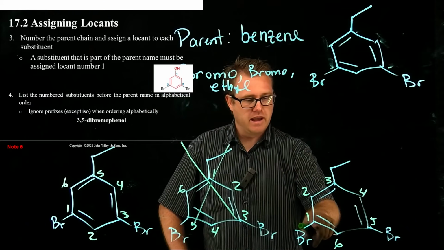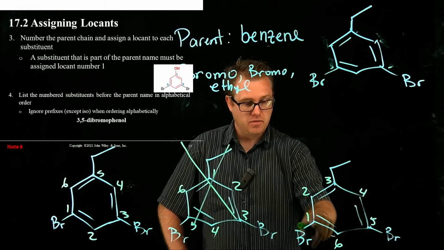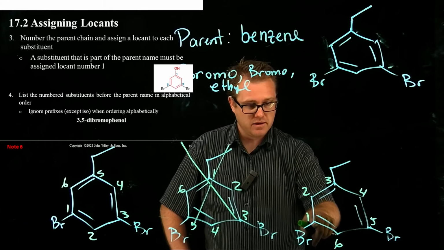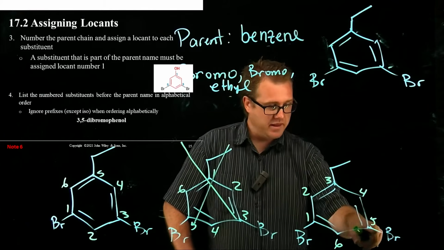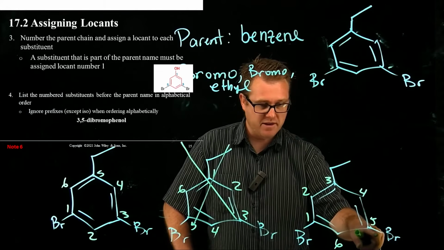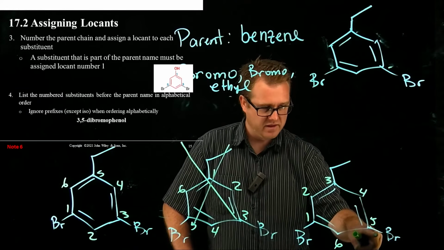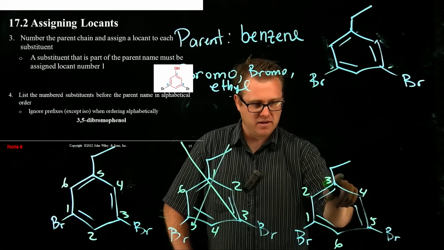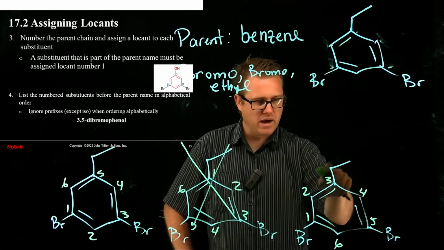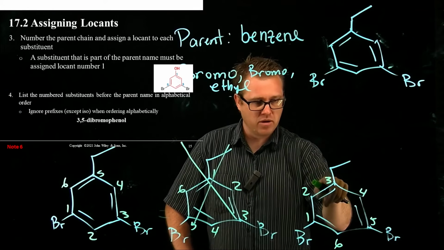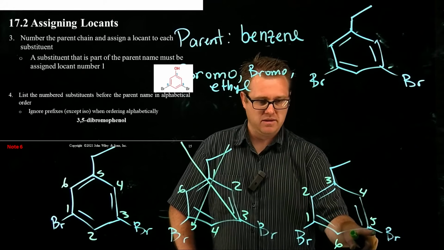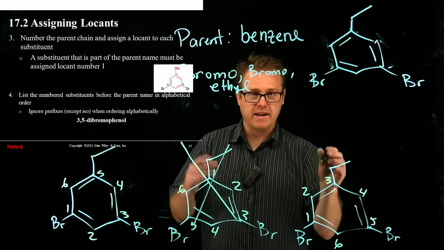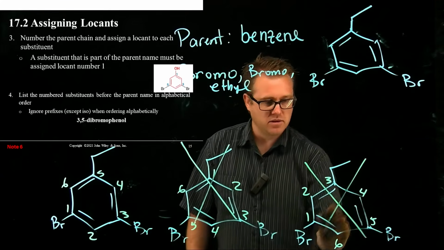This one has a locator number. This bromine has a locator number of 1. But this one, bromine on the other side right here, has a locator number of 5. And the ethyl is a 3. Well, why is the ethyl getting a lower locator number than the bromine? That's not fair because the rule is it has to be alphabetical.